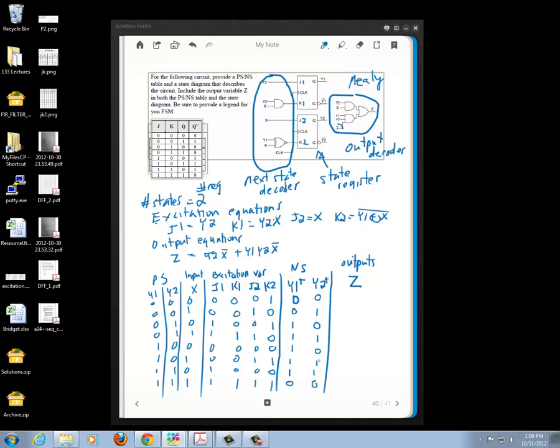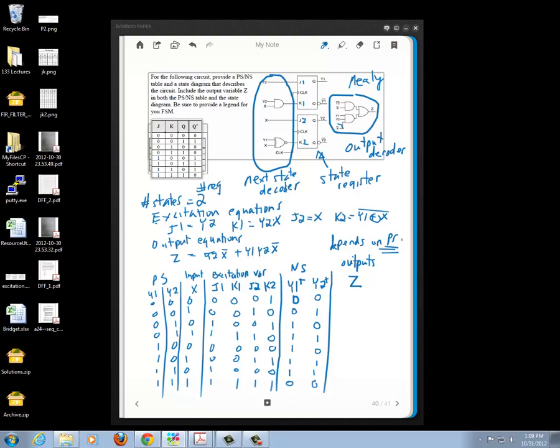Alright, and last but not least, we have the output. And the output equation we have already written here. It's y2 naught and x naught, or y1, y2, x naught. Now remember, the key thing is that output depends on present state.